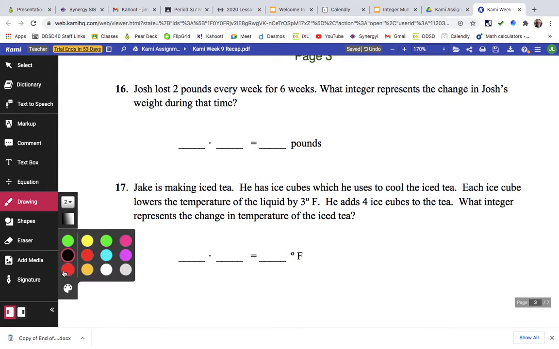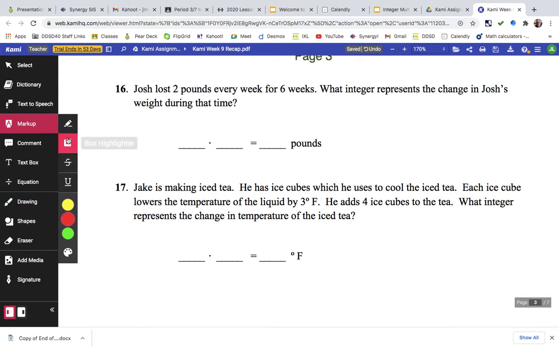We did this problem. Josh lost 2 pounds, so I'm going to put that right there in the equation. Every week for 6 weeks. So this is 6 positive weeks. There was a reference to this problem in the cheesy video from yesterday, where the mom said that she had lost 3 pounds for 5 weeks, and the daughter said, so 5 weeks ago you were 15 pounds heavier, and got in trouble.